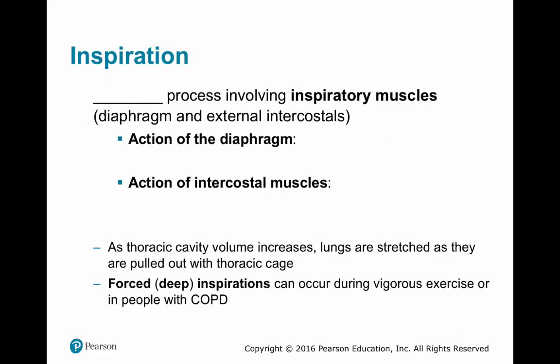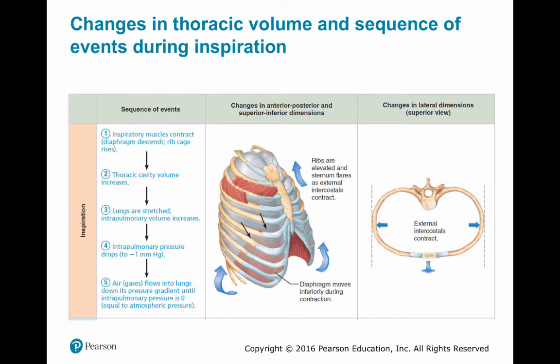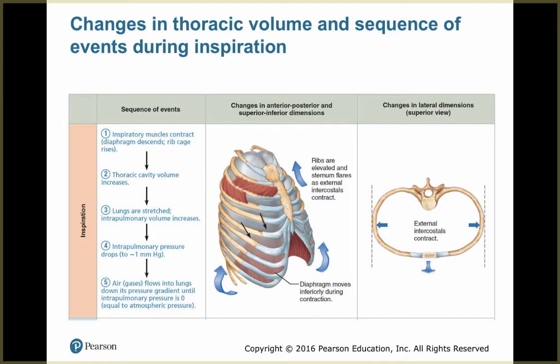Now, if we talk about the process of how we inspire, we're going to end up having to talk about the process of how we expire. So really quick, you could see the different steps here, right? First, inspiratory muscles contract. So this diaphragm is going to contract and move down. These ribs are going to lift up and out, and that's going to increase the volume of the rib cage. Because of that increase, the lungs stretch, and so your intrapulmonary volume increases.